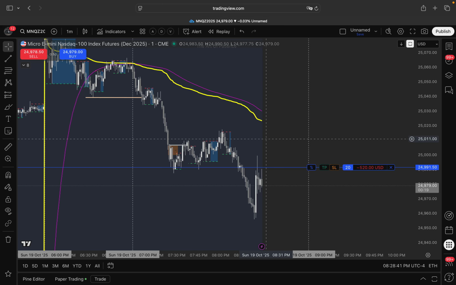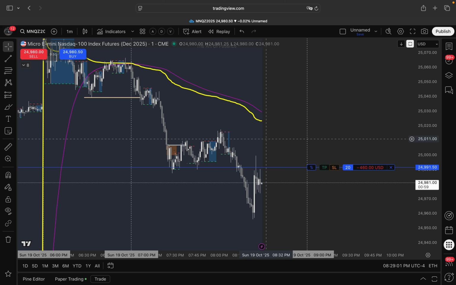So if you apply those to your charts and practice and combine it with the strategy that I have here of the Asia session strategy, when all of those agree with each other, there's a higher probability of you winning in a trade. Obviously, you want to use proper risk management.